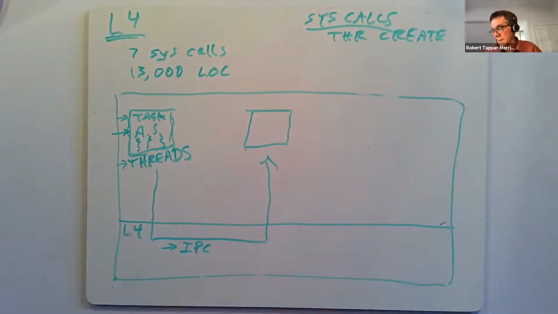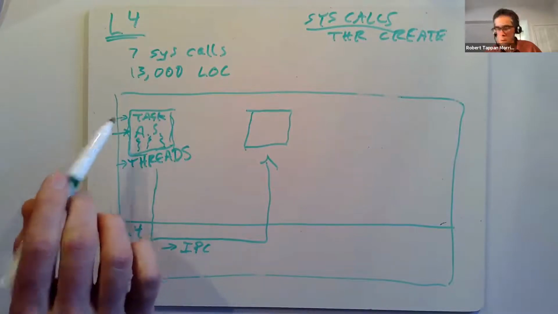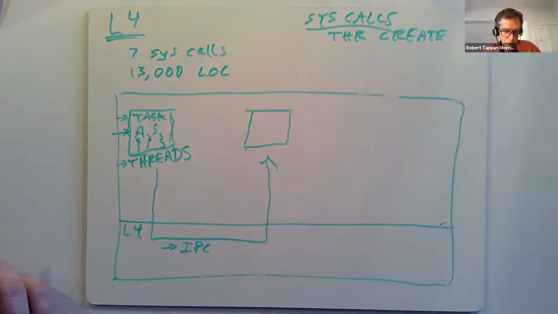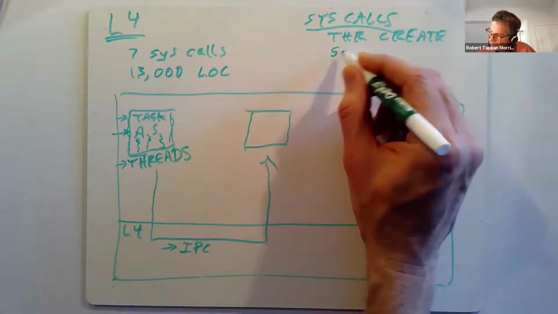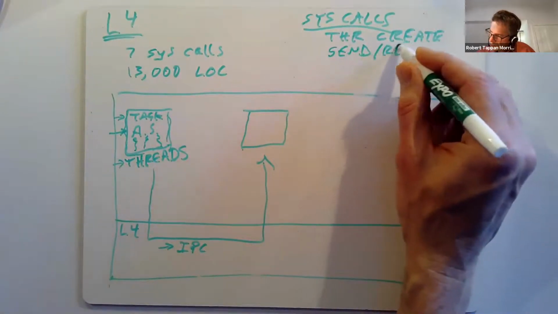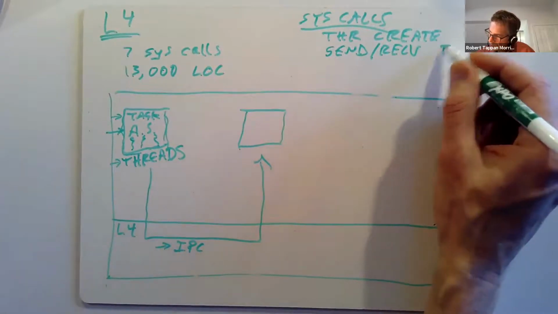And if the address space or task didn't already exist, it would create a new task for you, to sort of combine thread and task creation. There's send and receive, various flavors of send and receive, IPC system calls.